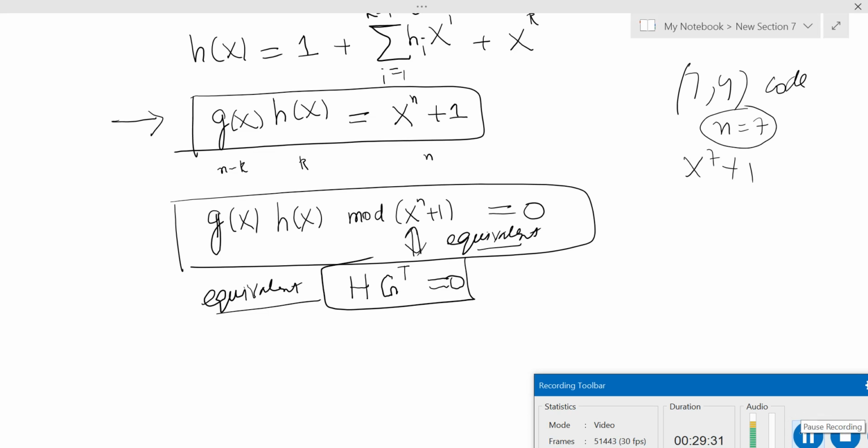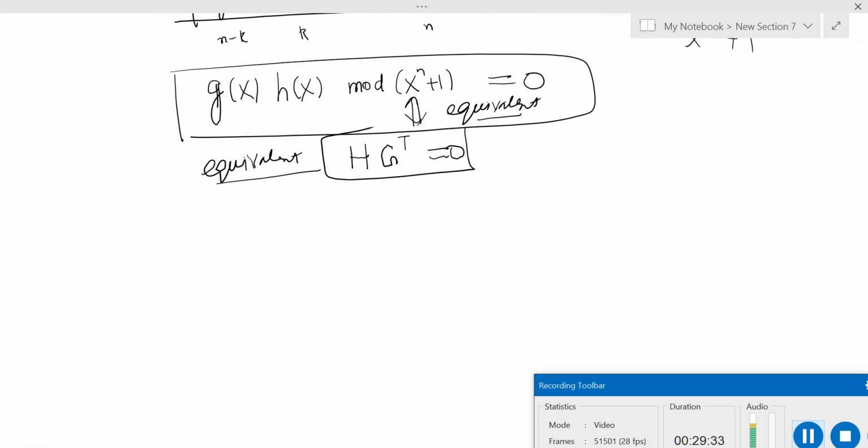And here is a general way of constructing codes, which is a very vast research area in coding theory, where algebra people actually came in. That is how to get different cyclic codes. Here is the way. You take the x to the power n plus 1 polynomial and factorize it.